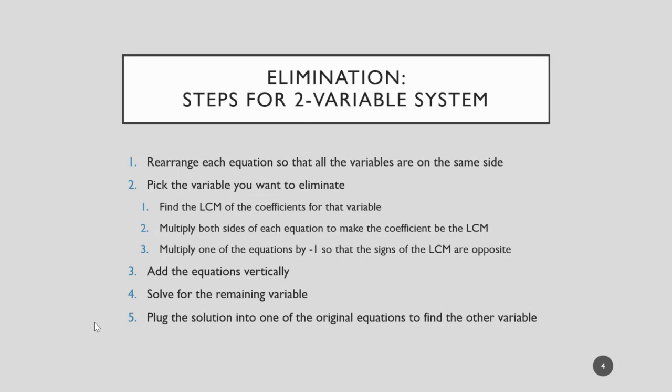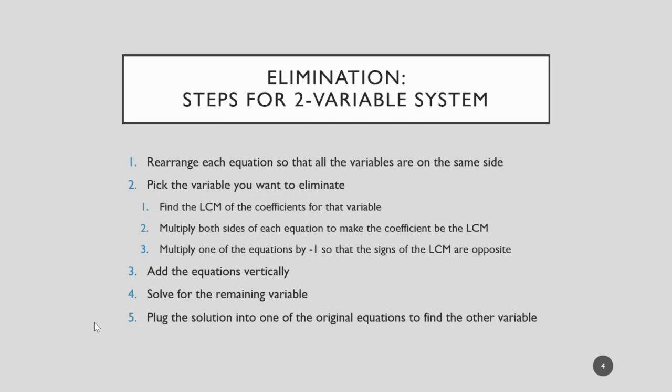So your goal is then to make the variable x have a coefficient of 6 instead of 2 or instead of 3. And so you do that by multiplying each side of the equation by the number that would make it your least common multiple. So if you're trying to get 2x to become 6x, you'd be multiplying that equation by 3. If you had 3x and you're trying to get 6x, you'd be multiplying it by 2.